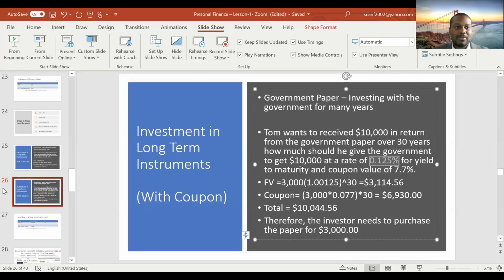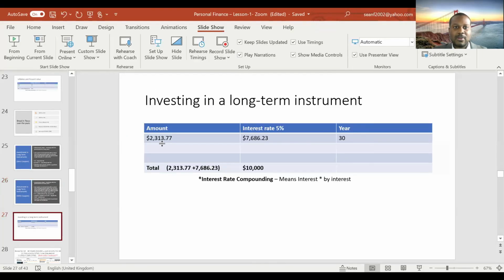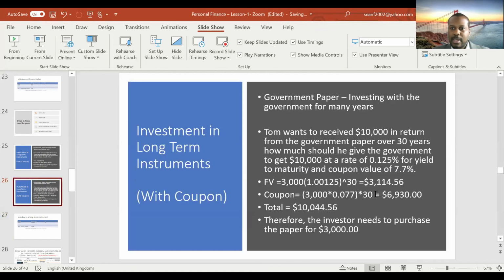Let's go. It's 3,001. That's that particular figure. And then it's 6,930.